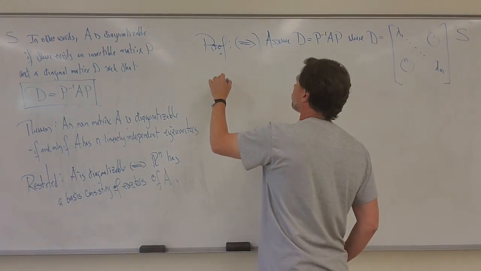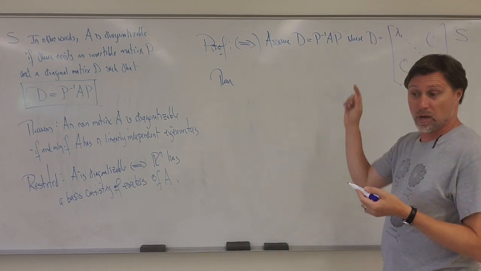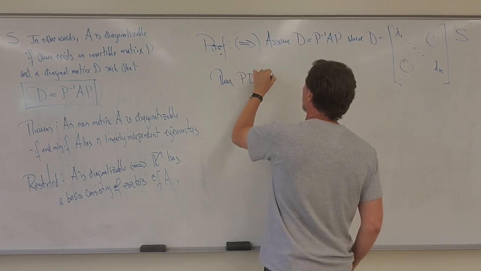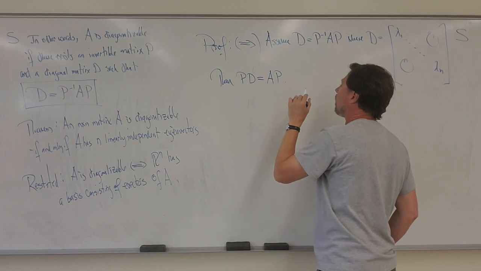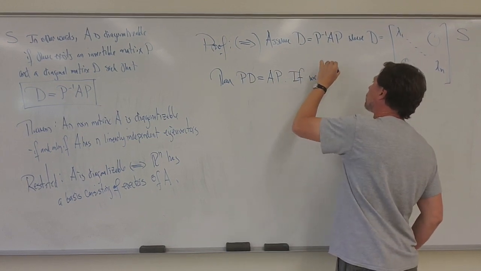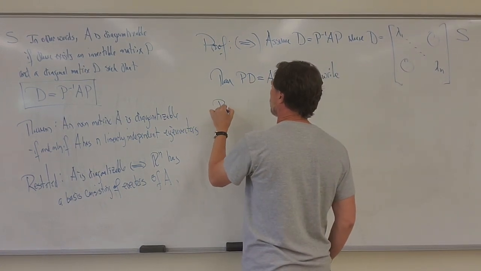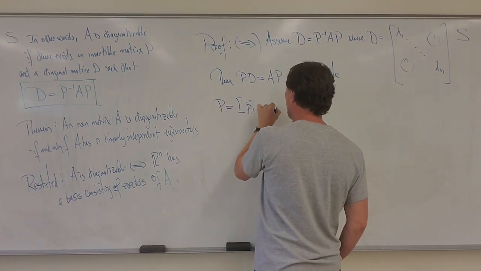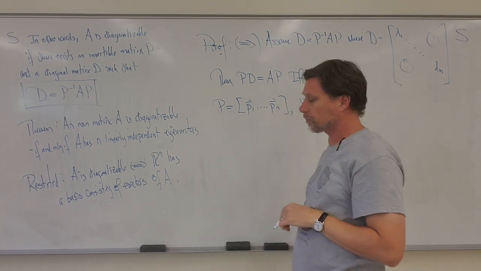If I multiply both sides of this equation by P on the left, what we'll get is P D is equal to A times P. I want to express P in terms of its columns, so let P be the matrix whose first column is P1 up through last column Pn.